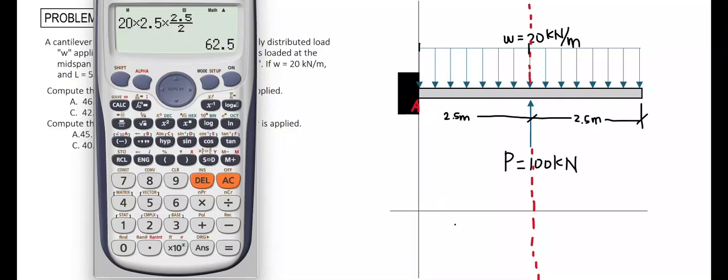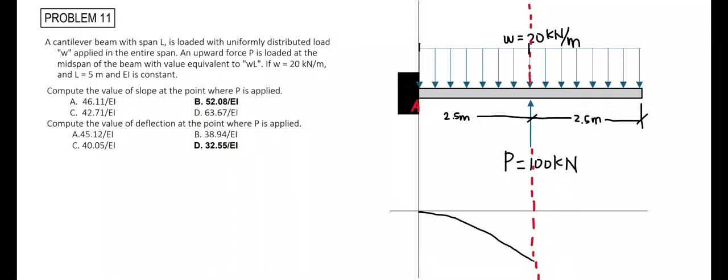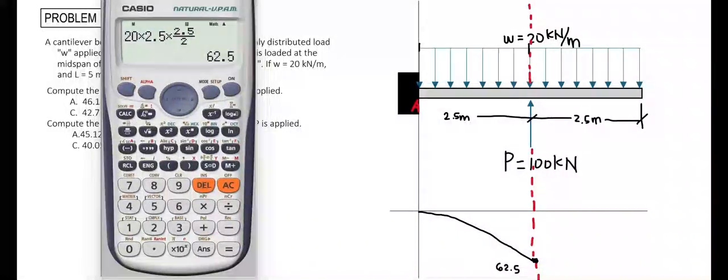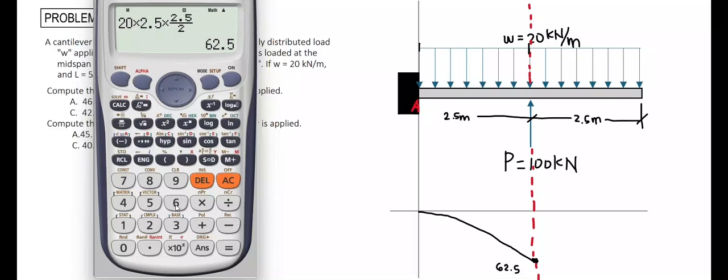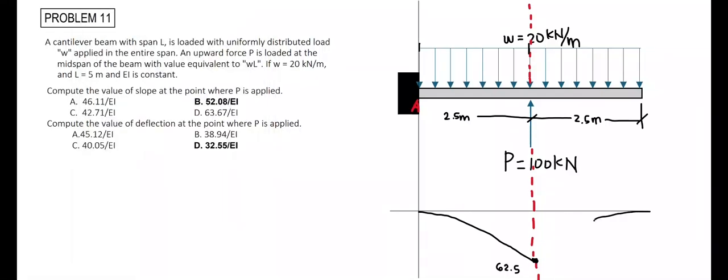This will create a moment induced by this uniform load on the left about this reference line that has a value equal to 62.5. And for this uniform load here on the right, this will induce a moment about this reference line that has a value equal to 20 times the length of 2.5 to get the resultant times a moment arm distance of 2.5 over 2. That has an exact value that is also equal to 62.5, which will create another second degree curve on the right.